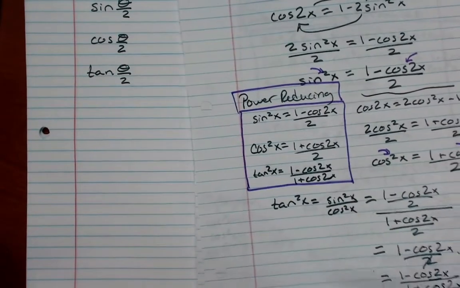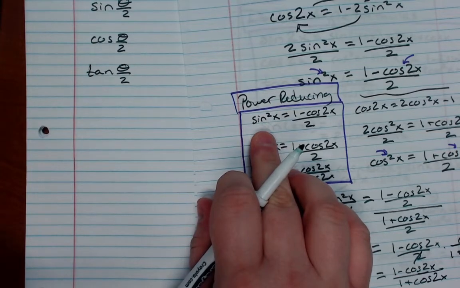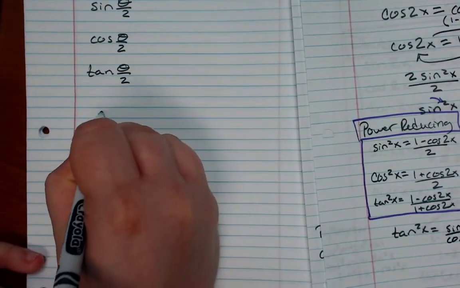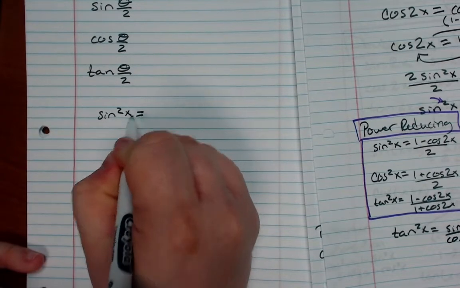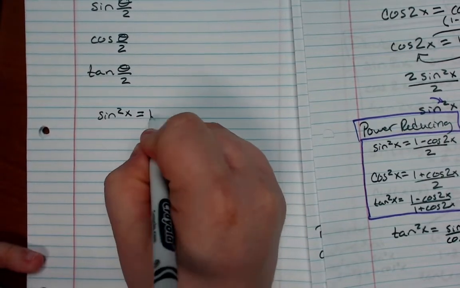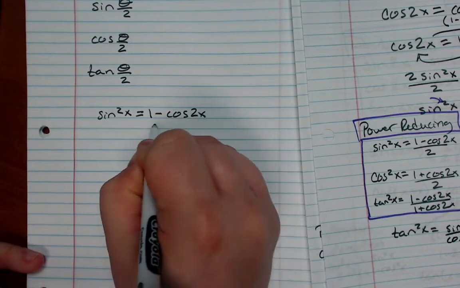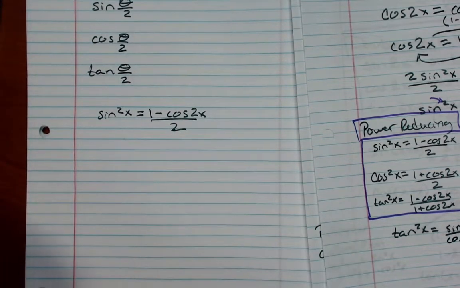What we're going to start with is our power reducing formula, sine squared x equals 1 minus cos 2x over 2. Right, that was our power reducing formula.